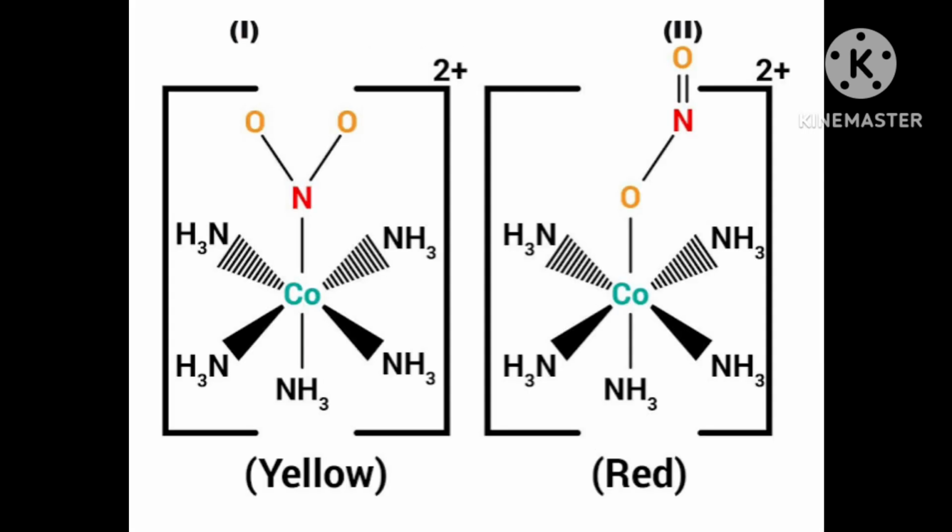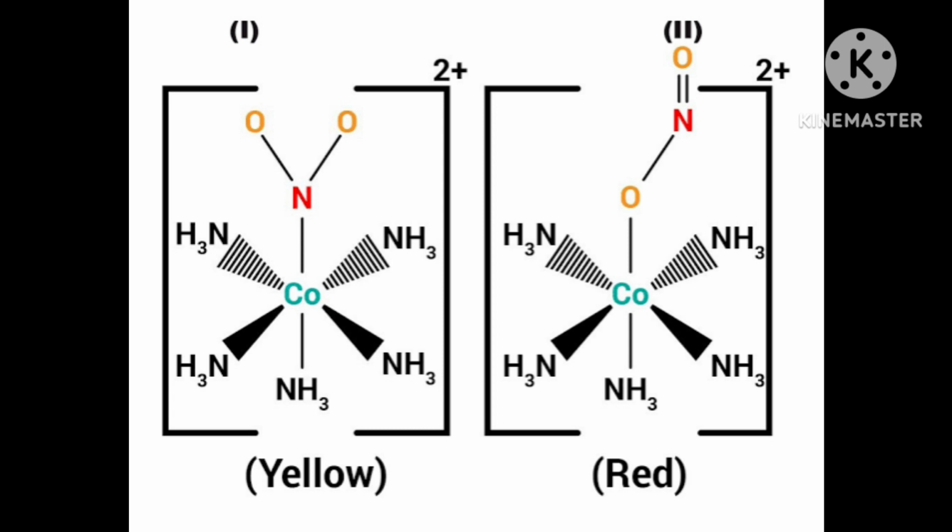This question I am telling you: draw the structure of geometrical isomers of Fe NH3 whole 2 CN whole 4. Okay. Fe NH3 whole 2 and this CN whole 4, outside 1 minus there.